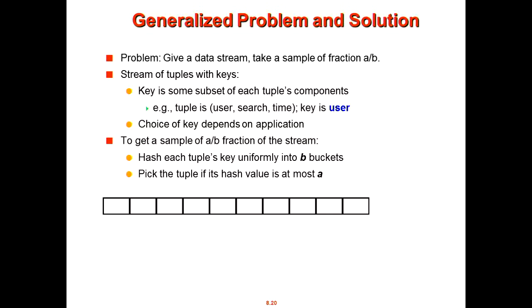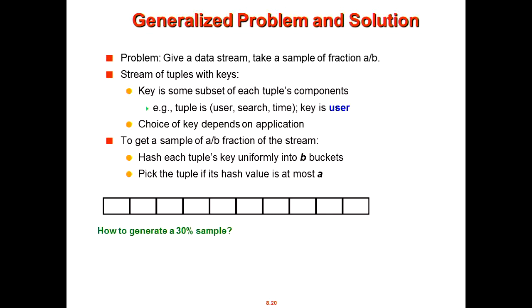To get a sample of A over B fraction of the stream, what you need to do is some kind of hashing. You hash each tuple's key uniformly into B buckets, and you pick the tuple if its hash value is at most A. By doing this, you can generate a sample of fraction A over B of the original data stream.